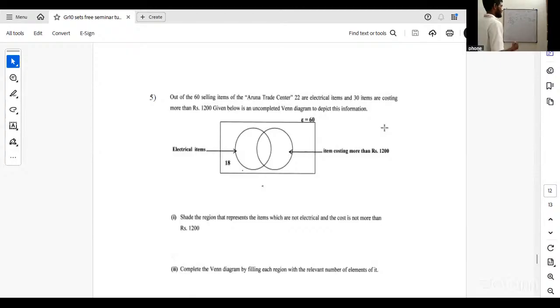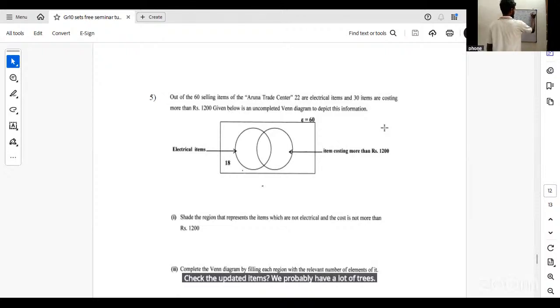Then this one, the items which cost more than 1,000. But these are the items which are costing more than 1,000. This is denominated items which cost more than 1,000.